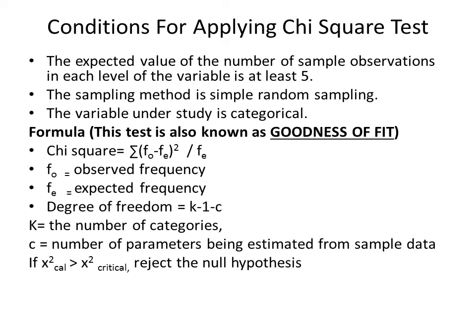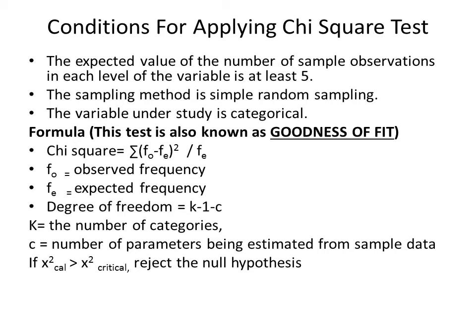In addition, all the individual observations in a sample should be independent of each other. This is a very important point. Last point, which is again very important, data should be presented in percentage or ratio form rather than expressed in an original unit. It has to be categorical data.